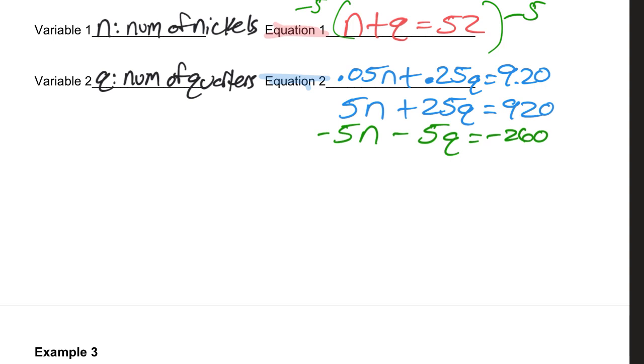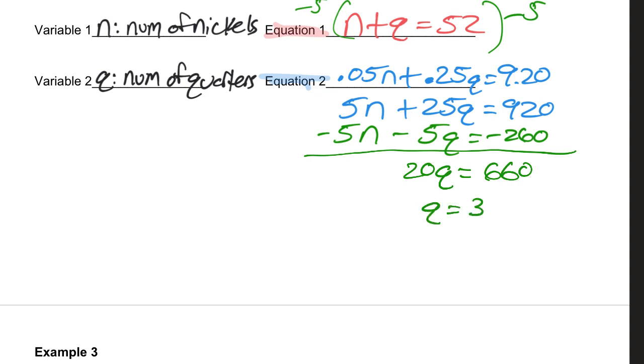So if I keep going with this, I'm going to get 20q equals 660. And when I divide, I get q equals 33 quarters.